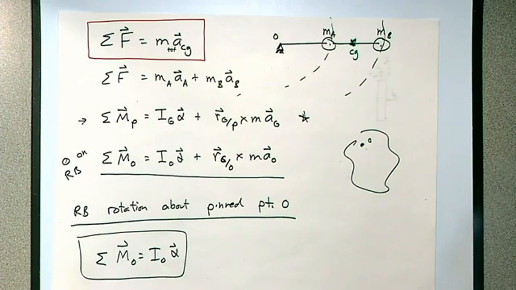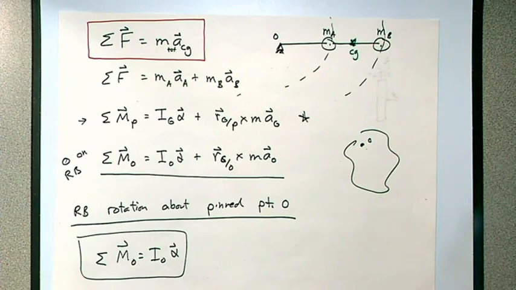So we can use this acceleration of a rigid body to figure out, hey, what's happening at point G? First thing we know is that, hey, acceleration of O, pinned, that one falls away.